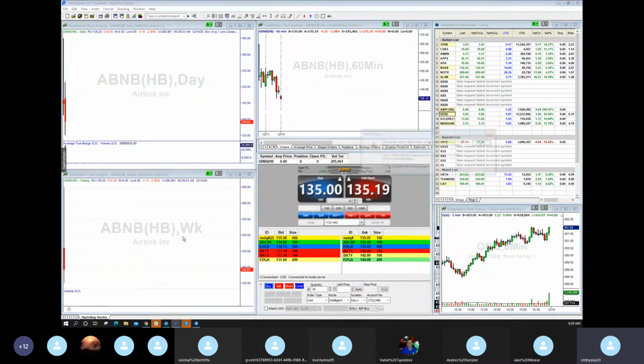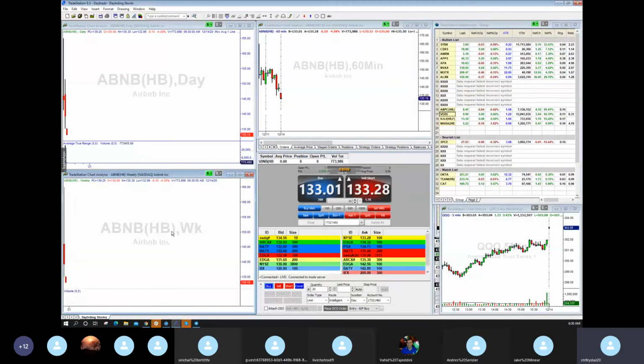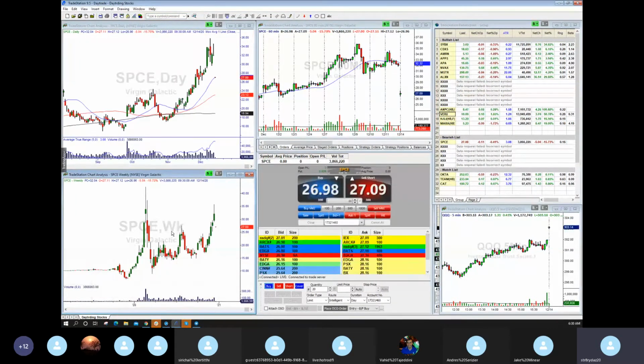Does anyone have a good gap down other than Space? It's unlikely that I take a trade the first 5 minutes. I am going to see how things set up the first 5 minutes. Space not even open yet. There you go, Laser.